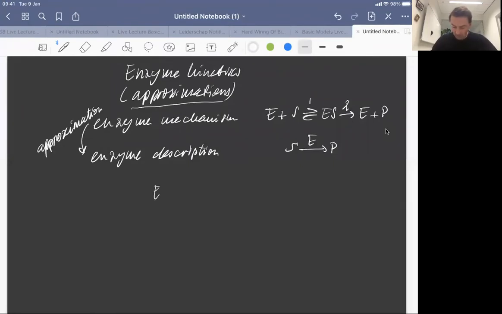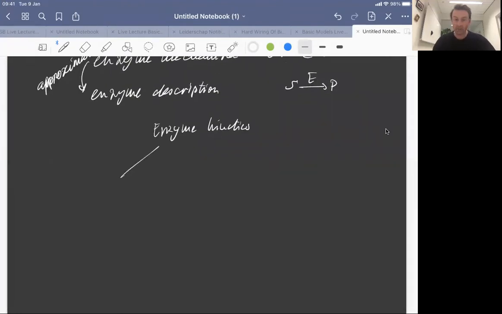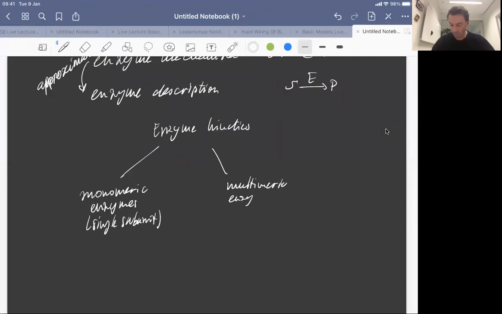So if you think about enzyme kinetics, then there is a theory associated with monomeric enzymes. So they have a single subunit, so they're composed of a single protein, not a protein complex, versus multimeric enzymes, and this is a protein complex, so several subunits.